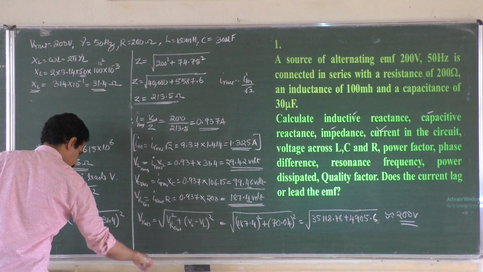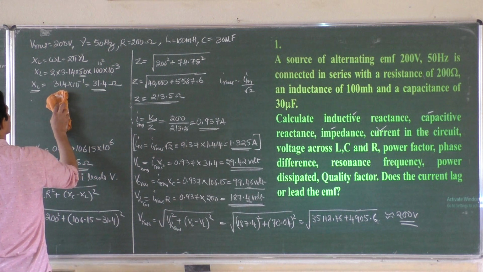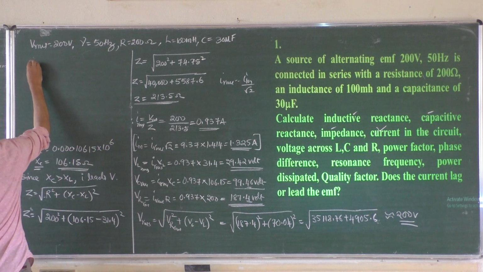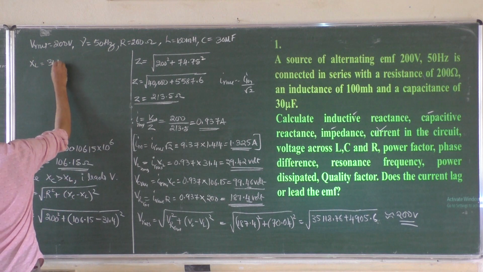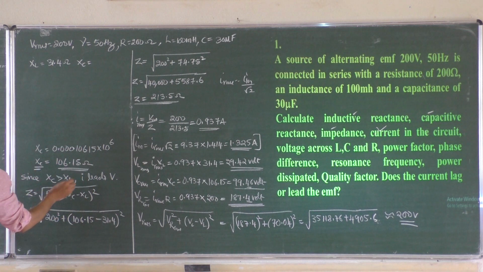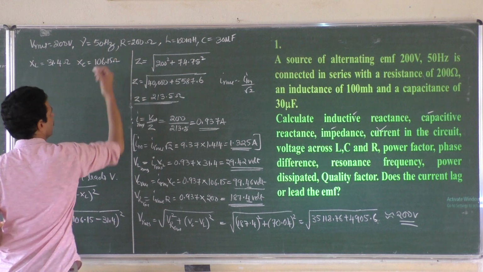XL is how much? 31.4 ohm. XC is how much did you get? It is here, 106.15 ohm.